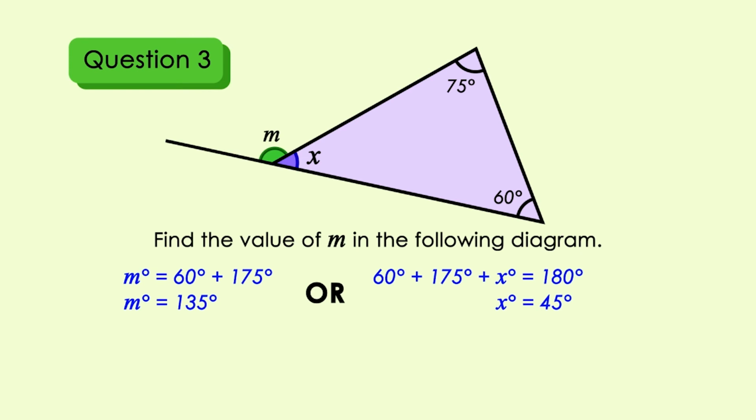Finally, to find M, simply minus 45 degrees from 180 degrees, because it's a straight line. Your answer will be the same as the first method, which is 135 degrees. Can you follow? Good. Moving on.